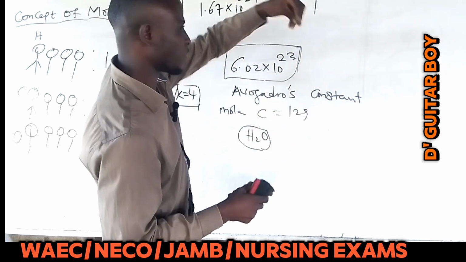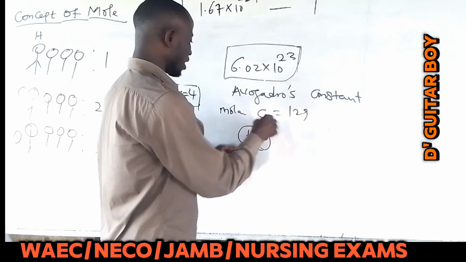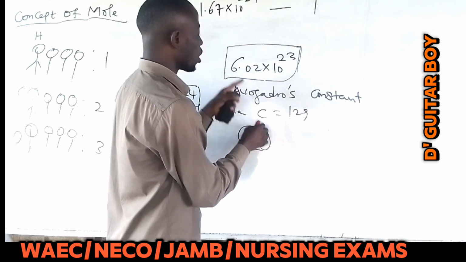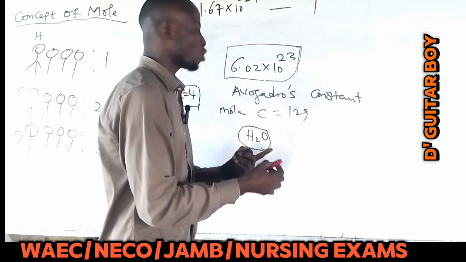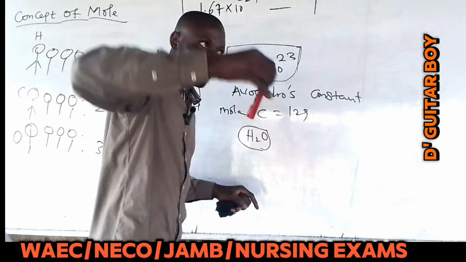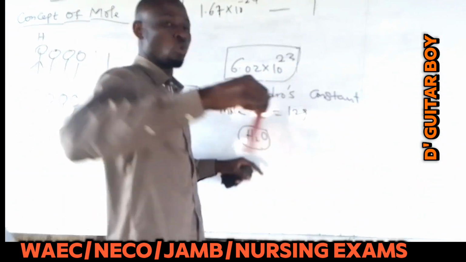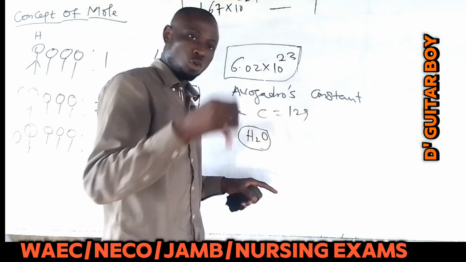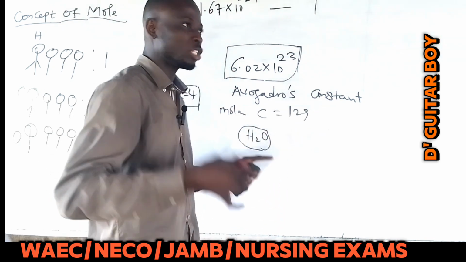1 molecule is just the particle, just like this marker. If I say 1 marker, but if I say 1 mole of marker, it means this number, just like 1 dozen of marker. But molecule is the particle itself. A mole is what you use to measure the particle.